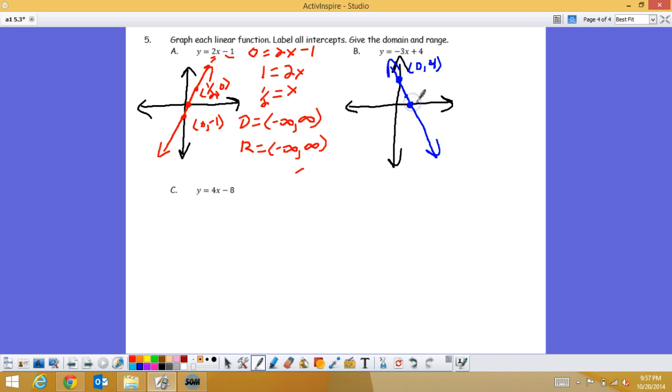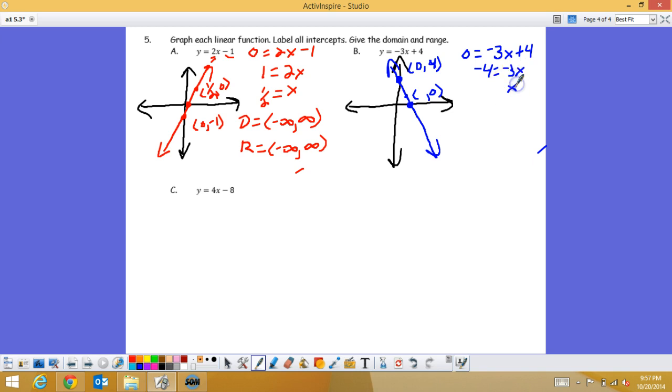And once again, we just want to find that x-intercept. And again, to find the x-intercept, since we know the y-coordinate of that is 0, we're going to plug 0 in for y. So 0 is equal to -3x plus 4, and we're going to solve this for x by subtracting 4, so -4 is equal to negative 3x.